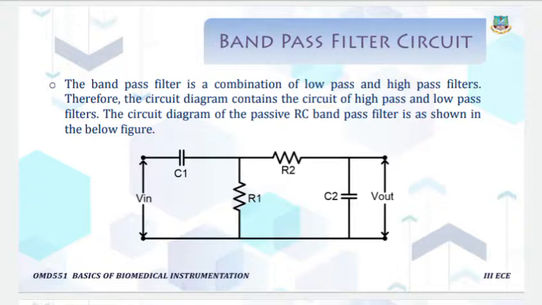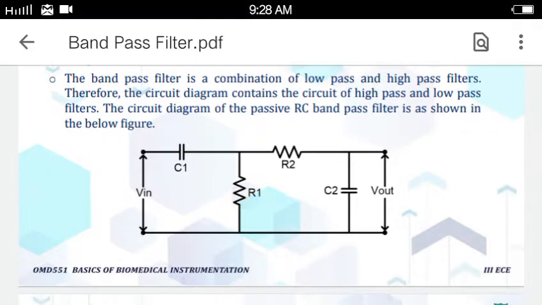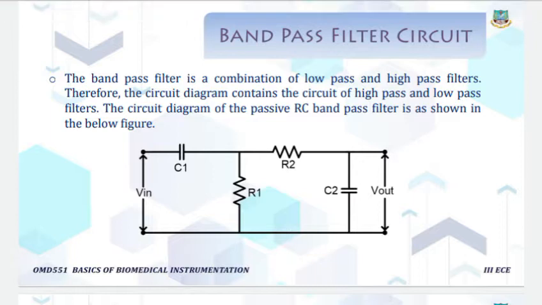The first half of the circuit is the RC high pass filter: resistor, capacitor, high pass filter. This high pass filter using R1 and C1 will allow the signal which has frequencies higher than the lower cutoff frequency, that is FC low, and attenuate the signal which has frequencies lower than that.